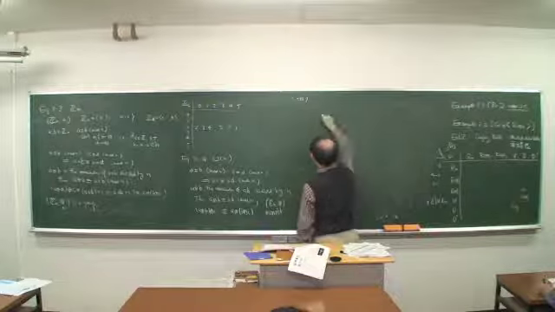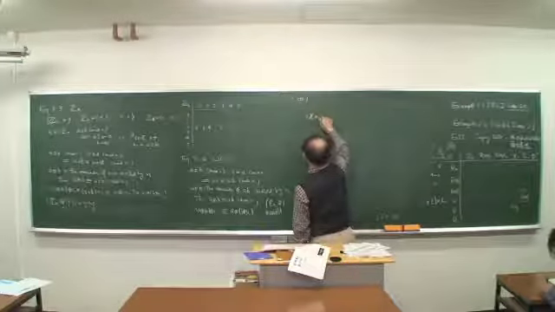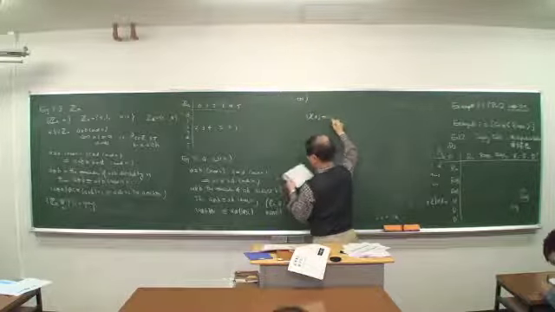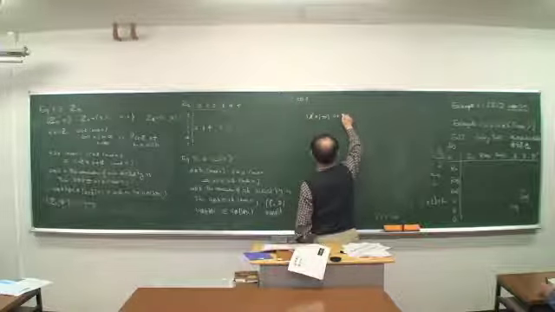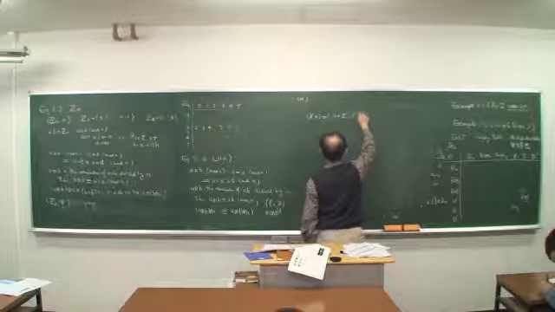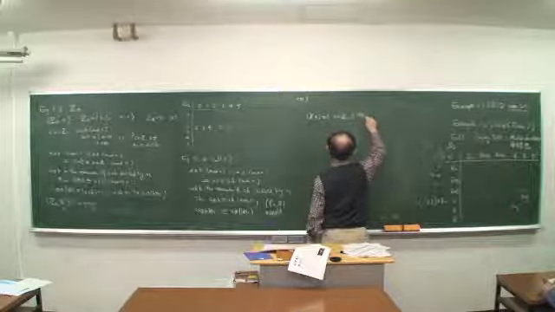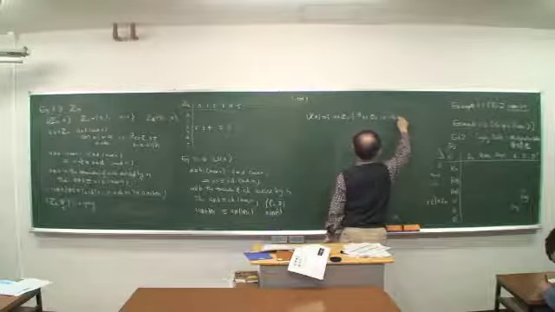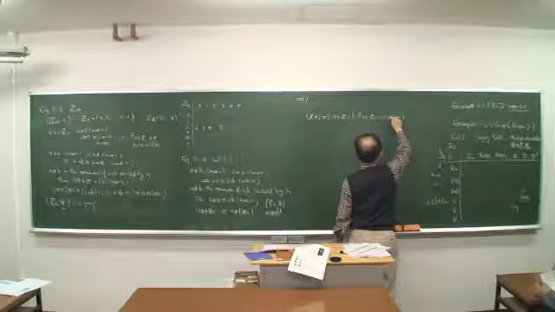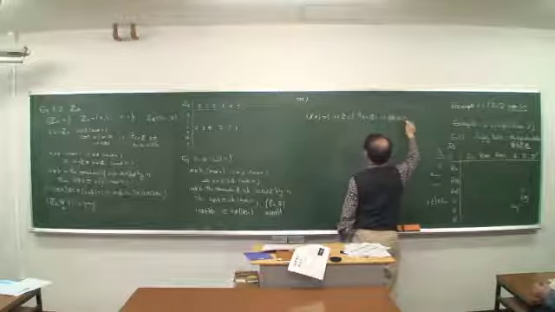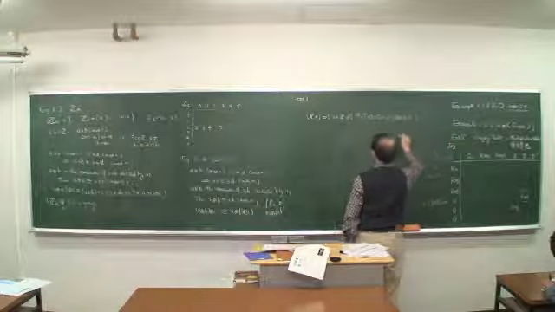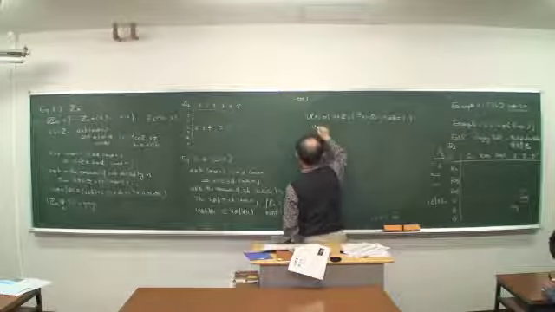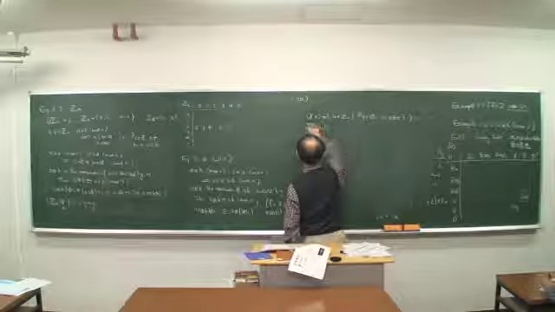But if you let Un be the set of elements A in Gn such that there exists B in Gn such that AB equals BA equals 1, then this becomes a group.